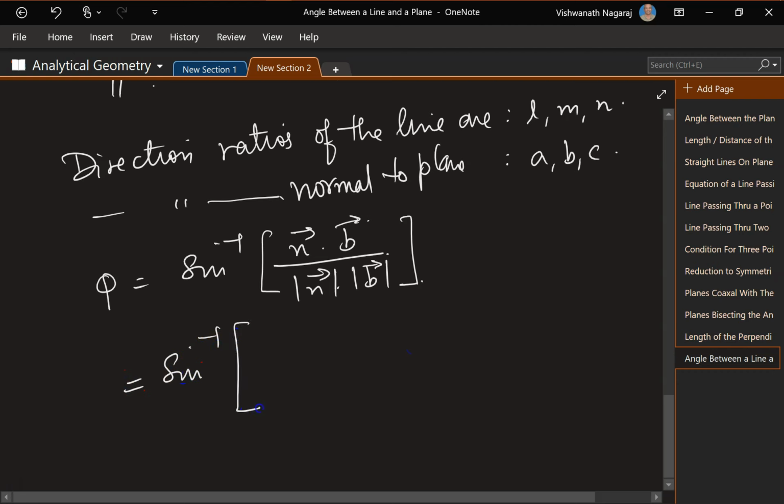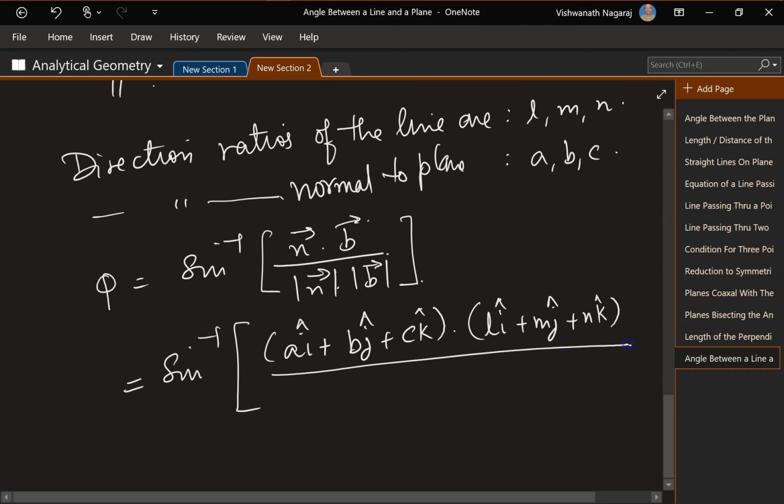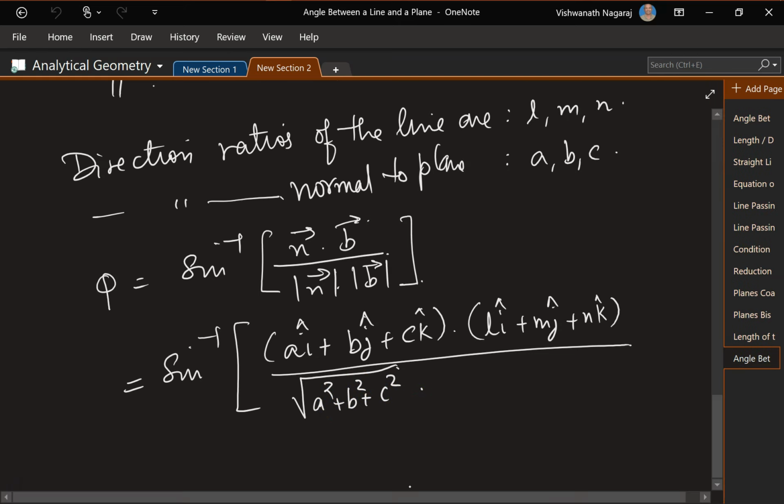Sine inverse of ai plus bj plus ck dot li plus mj plus nk, divided by magnitude of n, that is square root of a square plus b square plus c square, times magnitude of b, that is square root of l square plus m square plus n square.